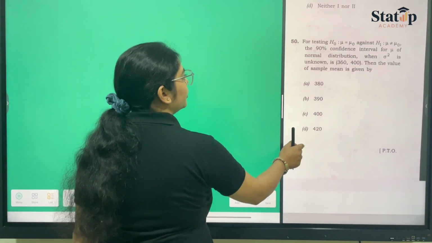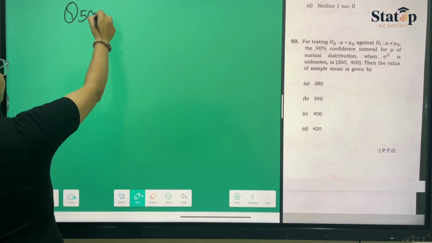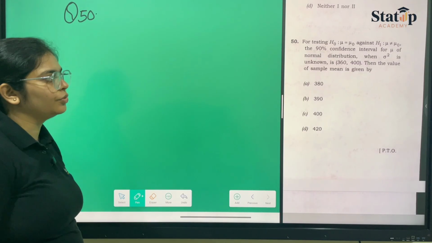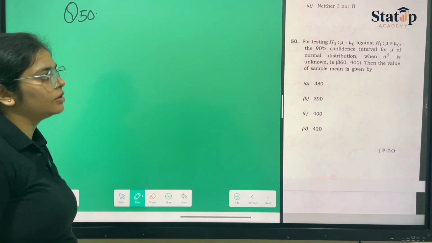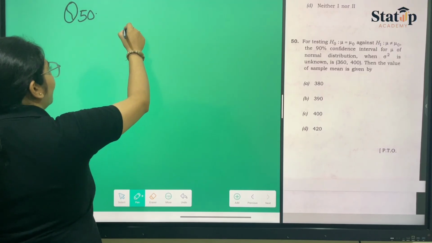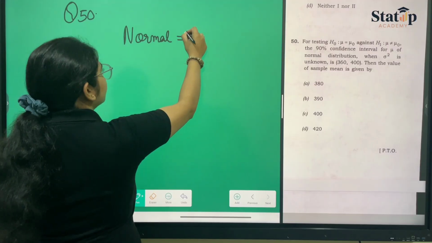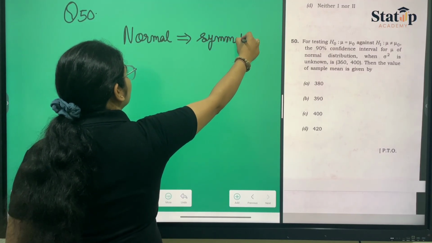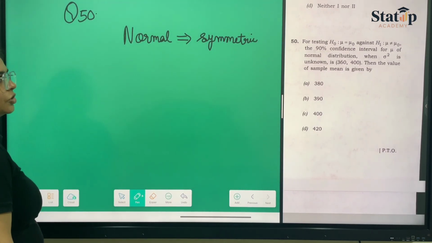Now moving forward to question number 50, which is also the last question for the day. Question number 50 has given us, for testing mu equals mu naught and mu not equal to mu naught, a 90% confidence interval for mu, normal distribution. Now we all know that the normal distribution is symmetric in nature.